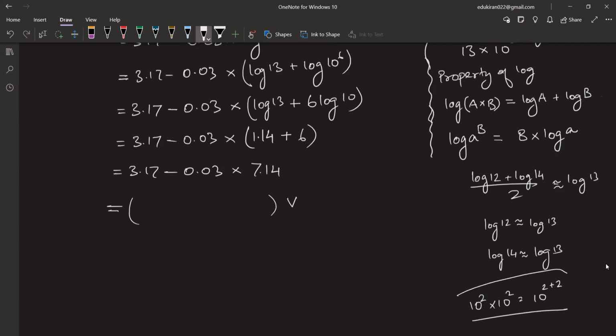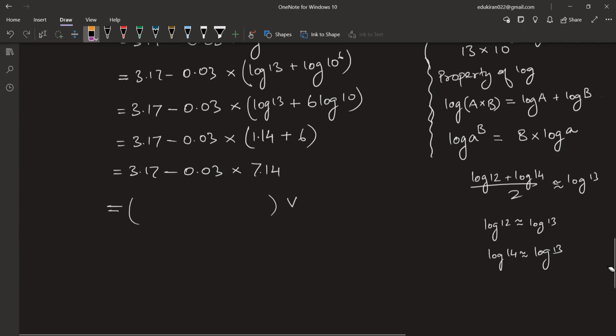Wafia, tell me. Yes, sir. We are doing the same thing. I will explain how. But you know that log is just a different form of exponent, so the rules of exponents will be very similar to the rules of log also. Please write this down. Send me the answer in chat.